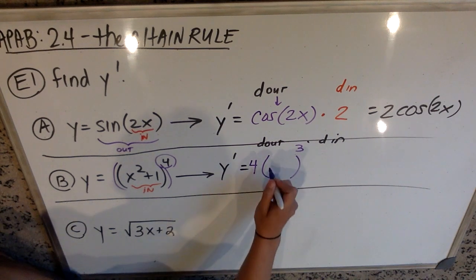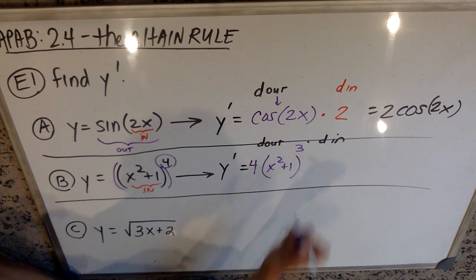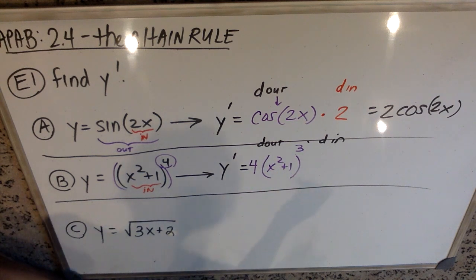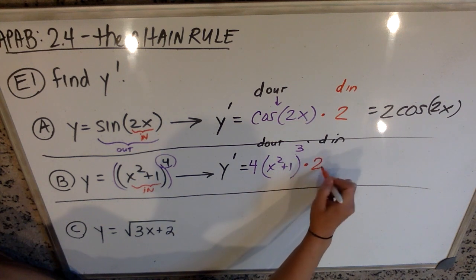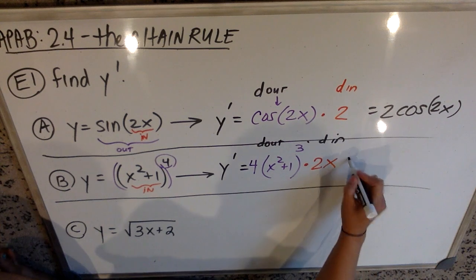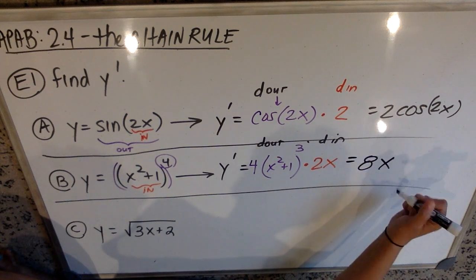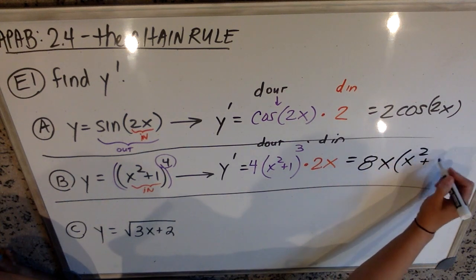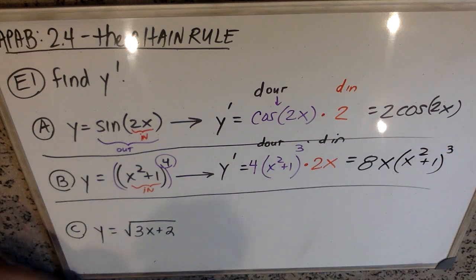That's just the power rule. And that stuff on the inside is x squared plus 1, times the derivative of the inside, which is going to be 2x, that is 2x plus 0 if you wanted to worry about the constant. So when I clean this up, I'm probably going to write this as 8x in front of (x squared plus 1) quantity cubed. That's the way I'm going to write that.